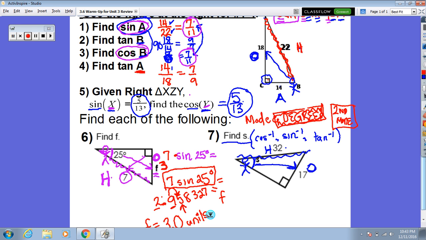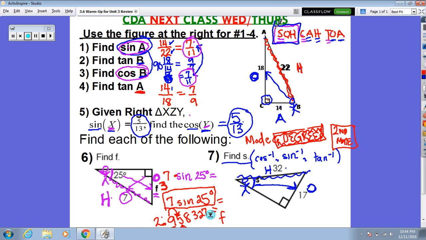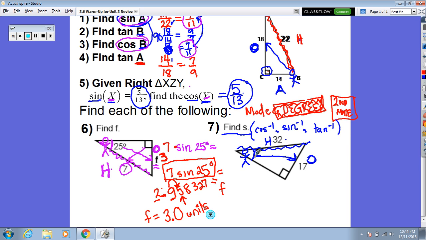So when I look at my SOHCAHTOA to figure out which one I'm using, we're going to use the sine function again because we don't have adjacent, and both tangent and cosine say that you need the adjacent. And they didn't give me that side, so I'm not trying to find that side. Alright, so we set this up.